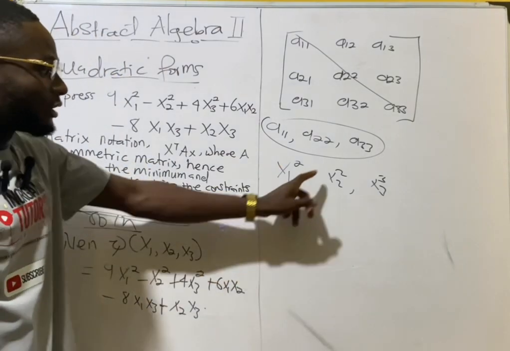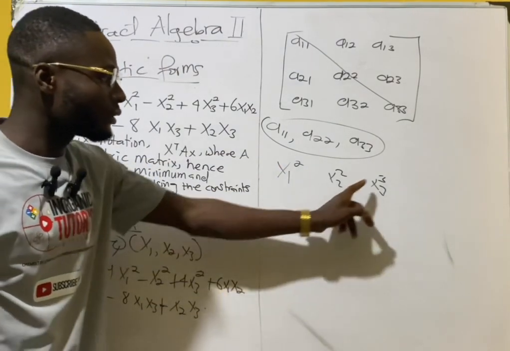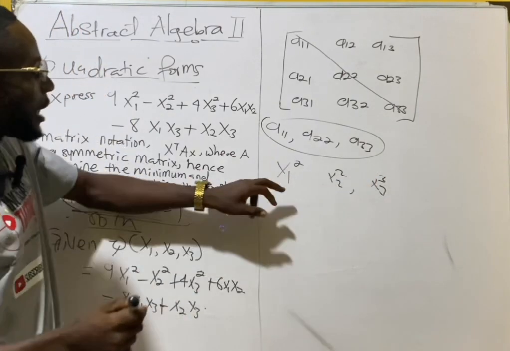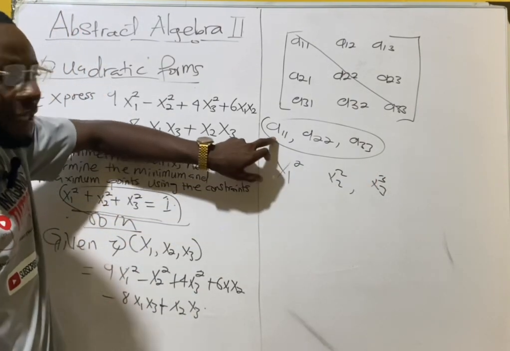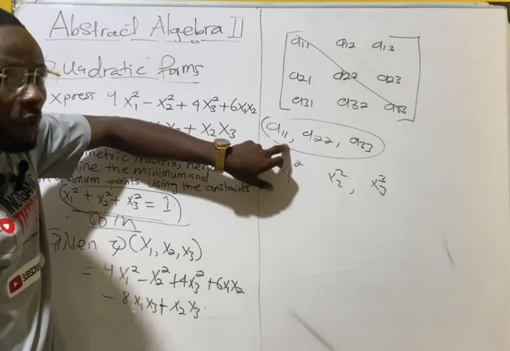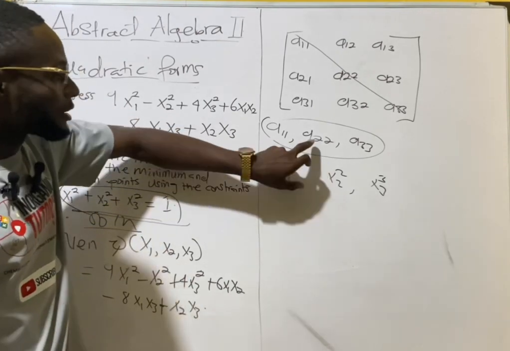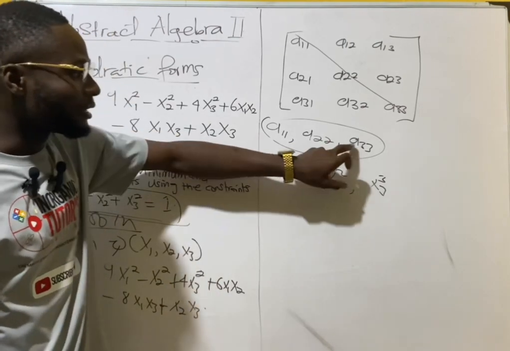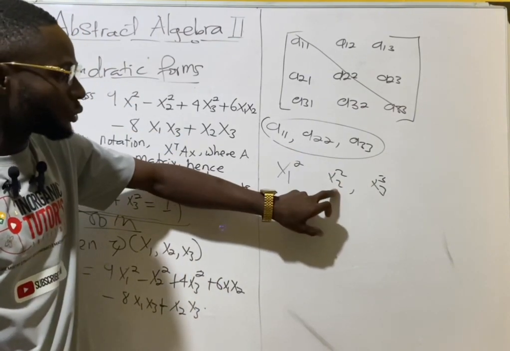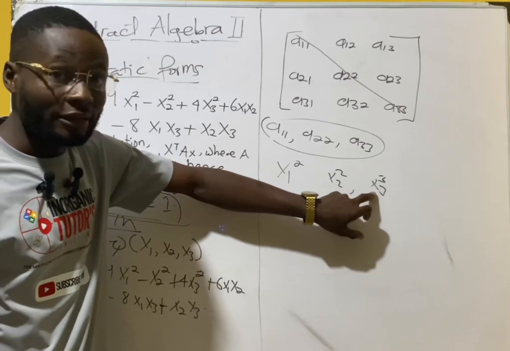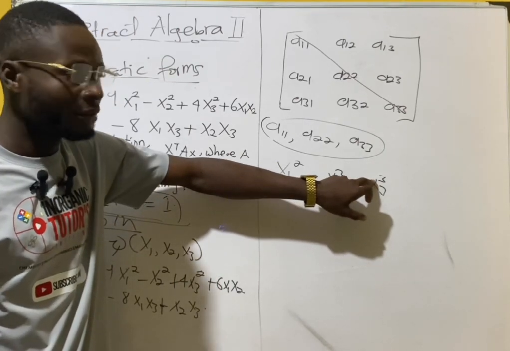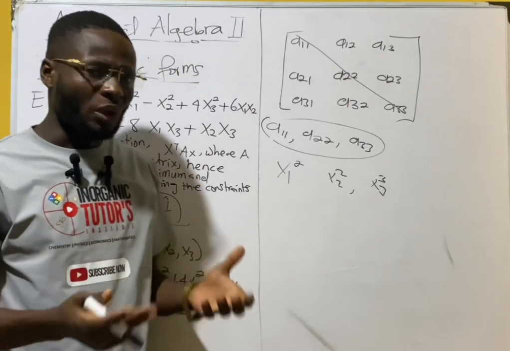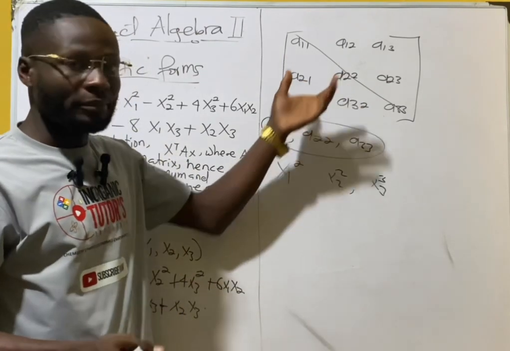The coefficients of these elements represent the main diagonal, right? So x1 squared basically means A11, x2 squared basically means A22, x3 squared basically means A33, right?